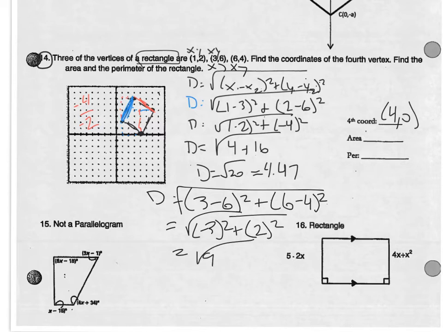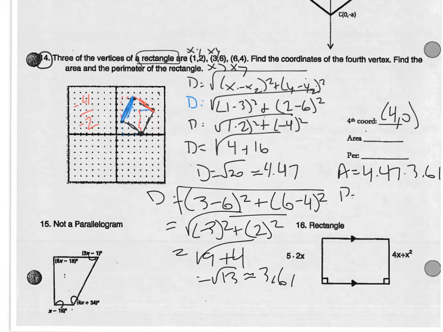It's going to be 9 plus 4, square root of 13, which is approximately 3.61. So that means my base is 4.47, so area equals 4.47 times 3.61.